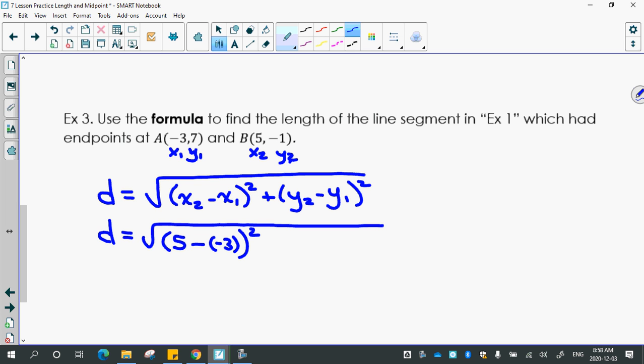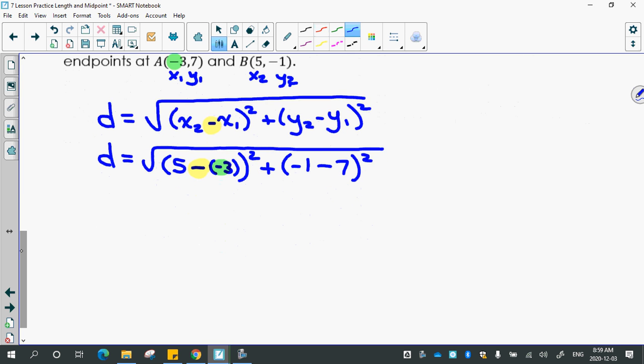Make sure you understand how to get the 5: the minus that's in the formula, so this minus is this minus, and this minus is that minus. Everybody good there? And then we still have the y's to do. So plus bracket, y2 is negative 1 minus y1 is 7 squared.